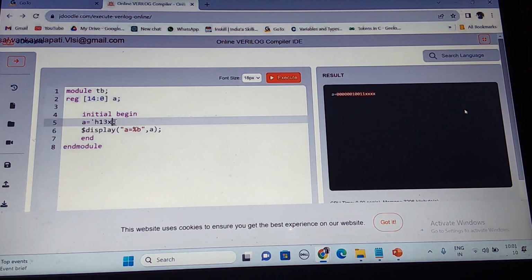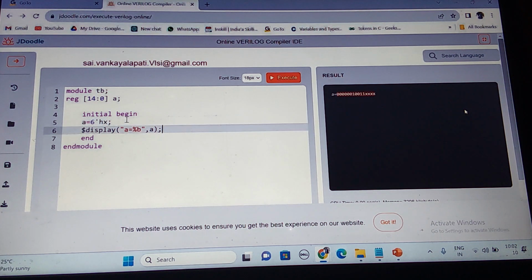Another example we have is 6'h, hexadecimal. How is it going to assign the value to this? This is my hexadecimal number, a 4 x's, and all remaining are zeros. So 1, 2, 3, 4, 5, 6.